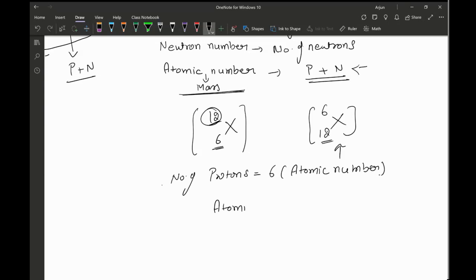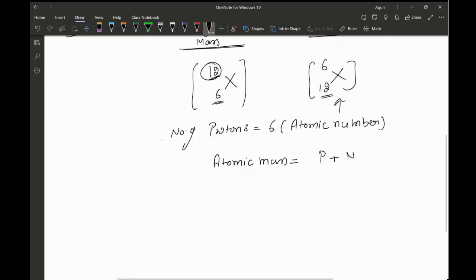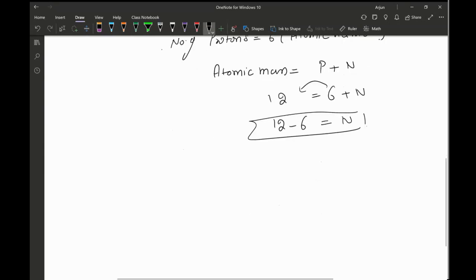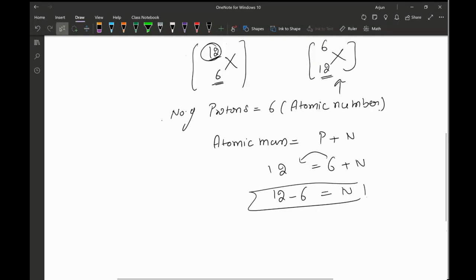Atomic mass is equal to sum of protons plus neutrons. So proton number in this is 6. We wanted to find out the neutron. Atomic mass is 12. So 12 minus 6, this goes on the other side. That's going to give me the number of neutrons, and we will be able to get the answer.